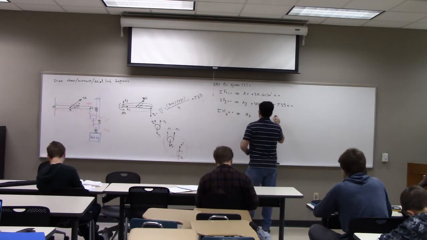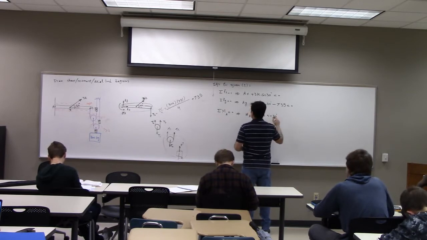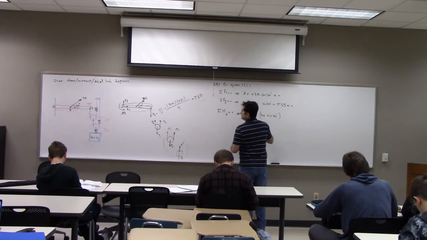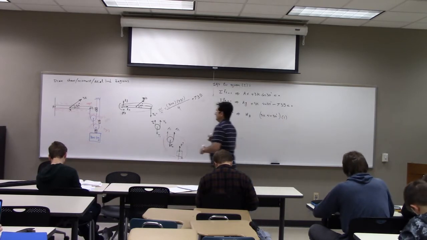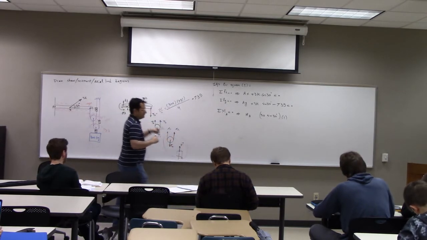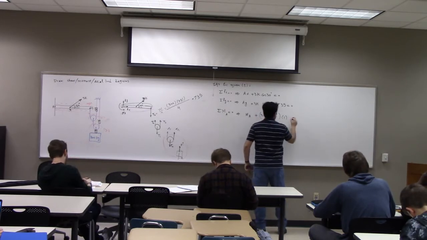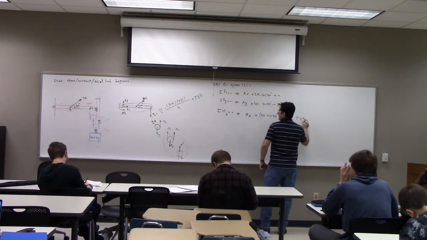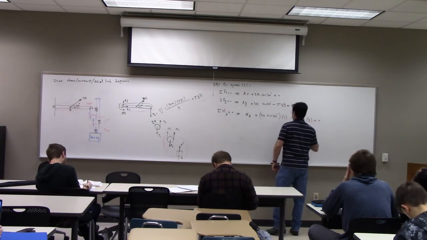So 3k sine 30 times 1, and it's positive. Now finally, the moment of this guy is negative 735 times 2 equal to 0.